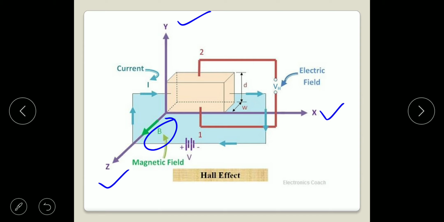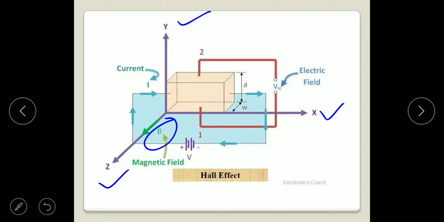If the semiconductor is n-type, then the electrons will be the current carriers, and these electrons will accumulate on side 1, making that surface negatively charged with respect to the other.